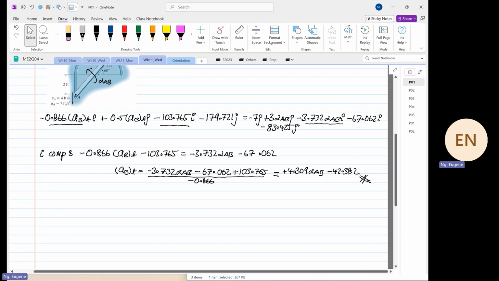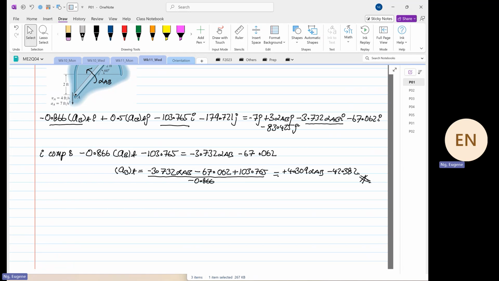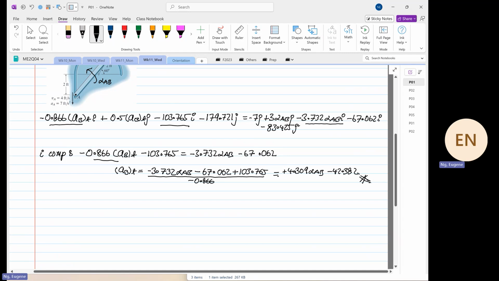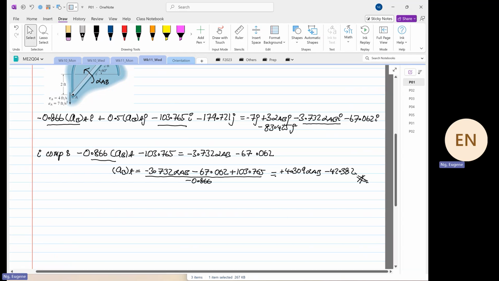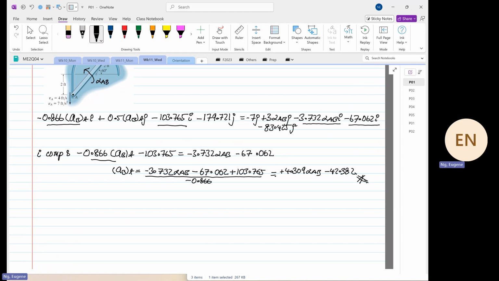So by looking at the first equation that we have on top, we have broken down to the I component. That's where we got 0.886 minus 103.765. And then we have J 3.732 alpha AB, so in I. And then we have the 67.062. Then the next one we go for is we look at the J component.